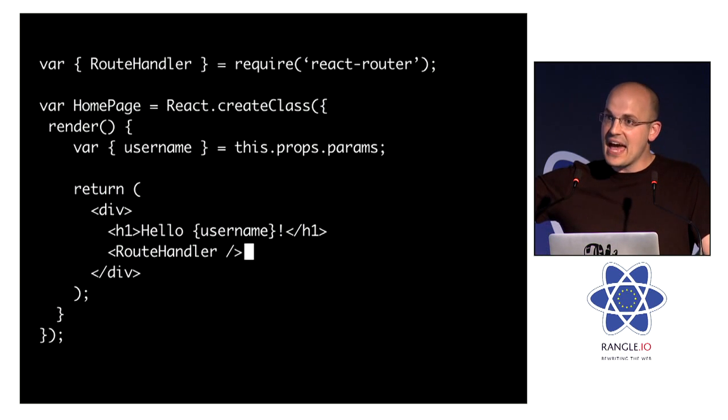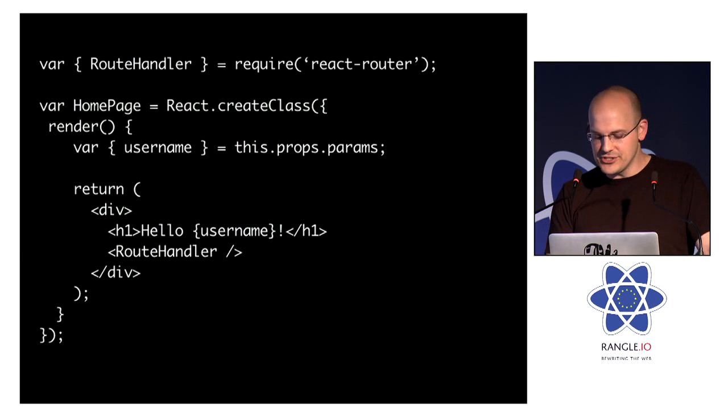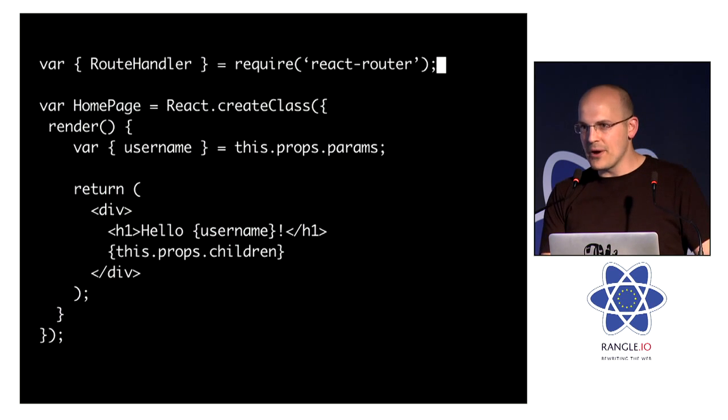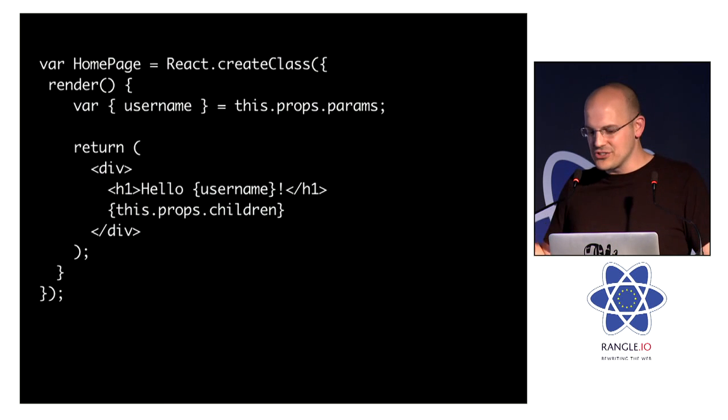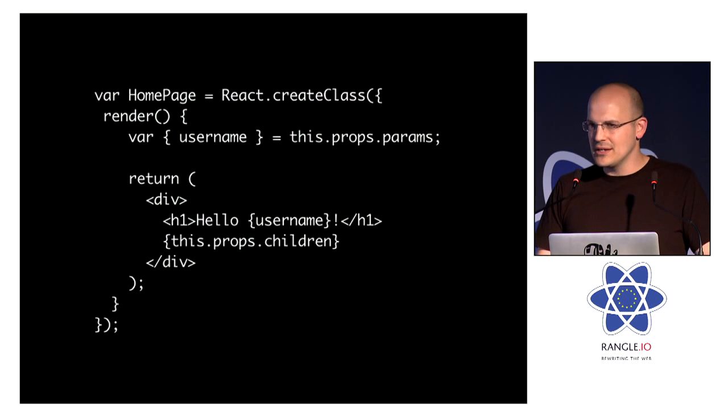And then based on that, looked up the component class, and now I know how to render my children. But wouldn't it be a lot nicer if we could just use this.props.children, and then we don't even need to require the router in our components at all.